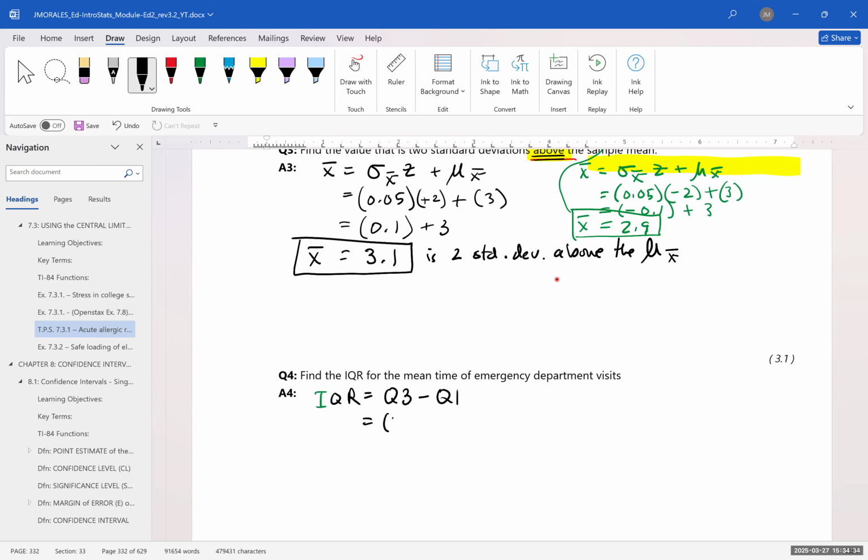So that's going to be 3.03 minus 2.97. So that's 0.06, and this was in minutes. So the interquartile range, meaning the middle 50% of time, is 0.06 minutes. It's pretty small.